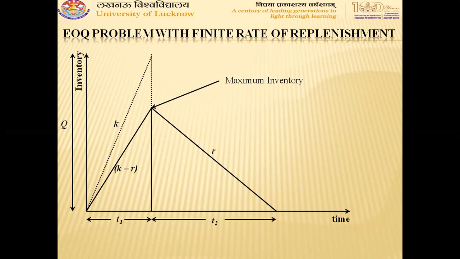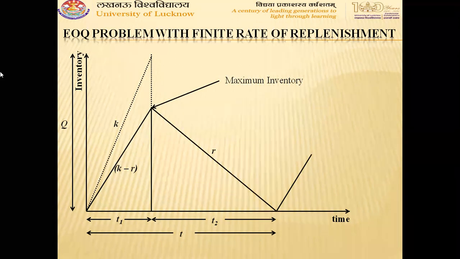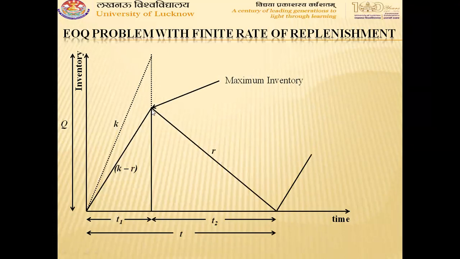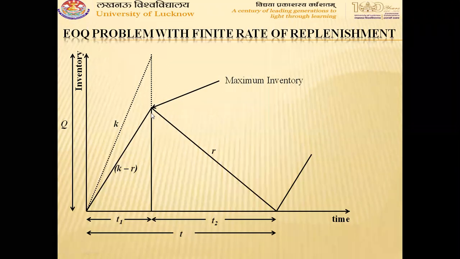Here a new order is placed and production again starts with rate K, and inventory starts building up with rate K minus R. This level is the maximum inventory level because after this point production stops.